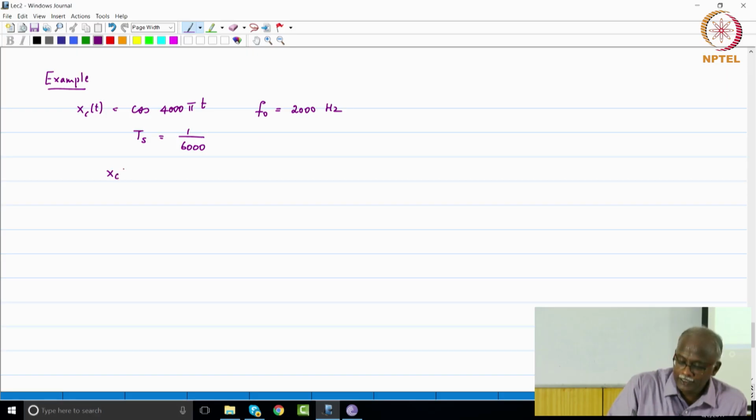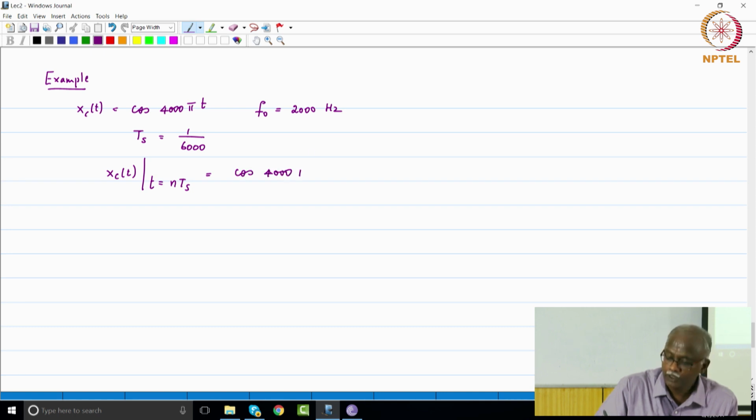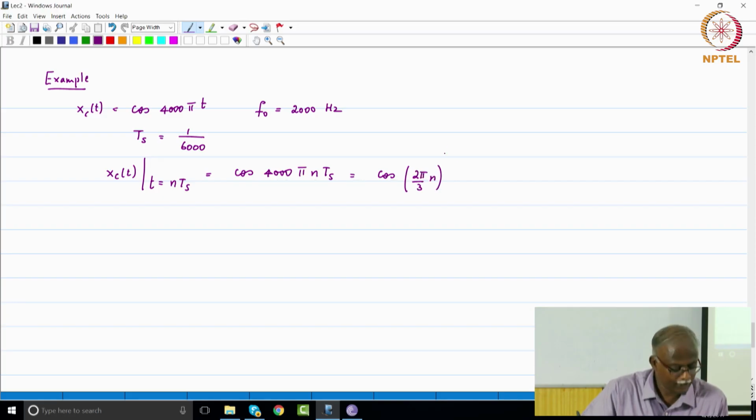So, xc of t evaluated at t equal to n times Ts becomes cosine of 4000 pi n Ts, that is equal to cosine 2 pi by 3 n.